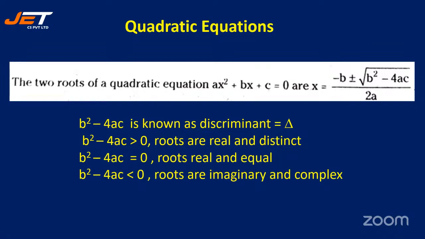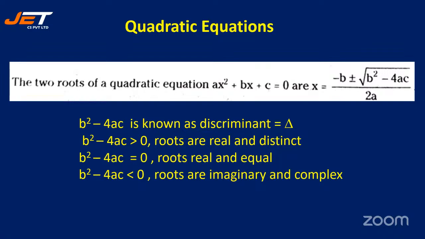By a small triangle. If b square minus 4ac is greater than 0, then the roots are real and distinct. If it is equal to 0, then the roots are real and equal. If it is less than 0, then the roots are imaginary and complex.